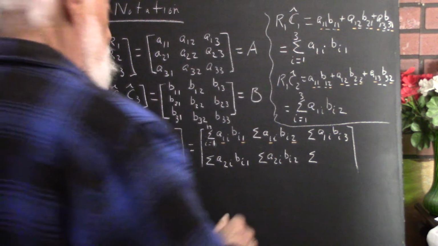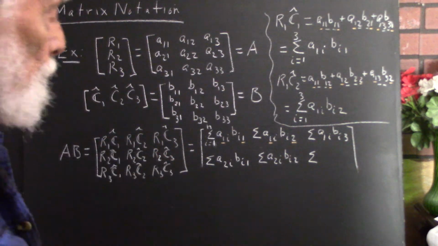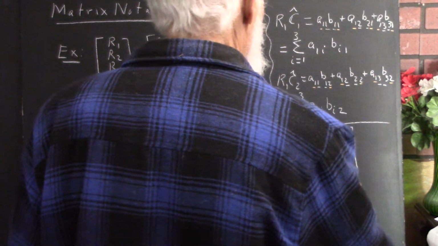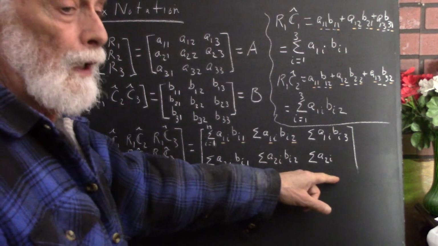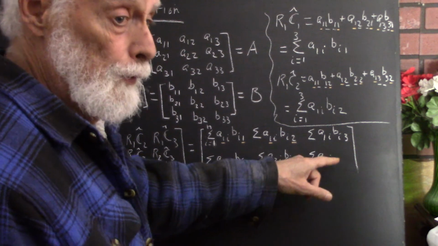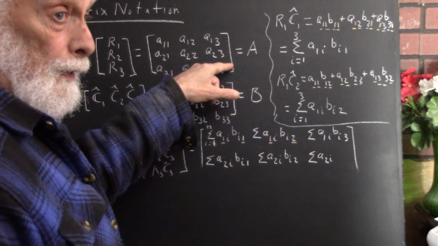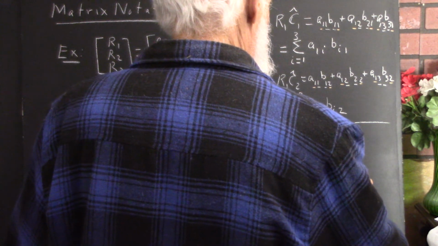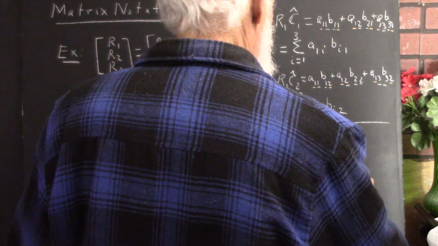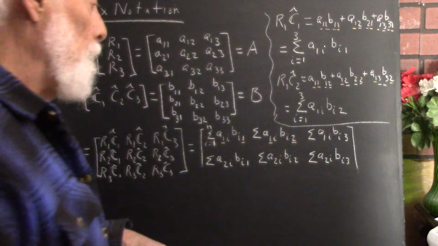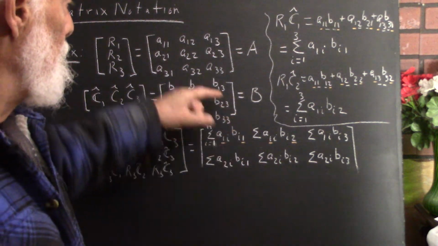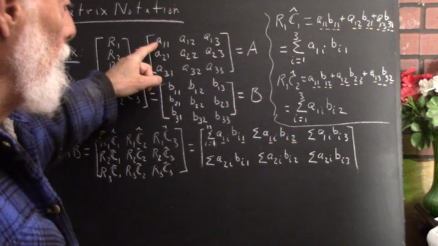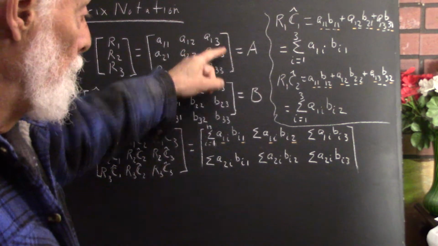Okay, over here, then we're doing row 2, column 3. That's going to be row 2 for A, so we're going to have A2I, which is A21, then A22, A23, these 3 numbers. And then BI3, which means B13, B23, B33, matched up with A21, A22, A23.